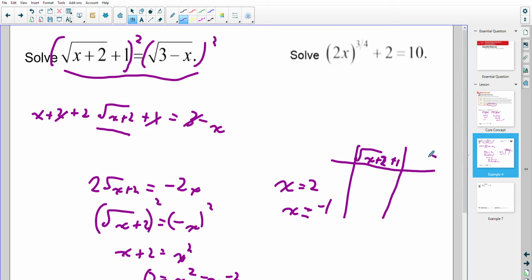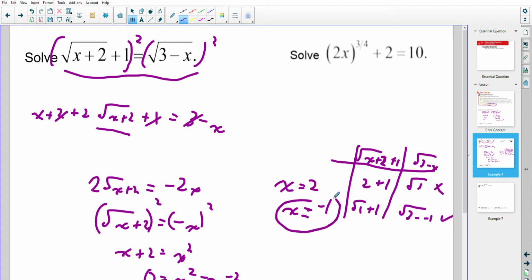And this is square root of 3 minus x, and see if those two are equal. You put in 2, you get square root of 4 is 2, 2 plus 1, put in 2, and you're going to end up with square root of 1, and that does not work. Put in negative 1, and you're going to have square root of 1 plus 1. This becomes 3 minus negative 1. This does work because 2 equals square root of 4, which is 2. So that means that this is only your answer. This is not your answer.